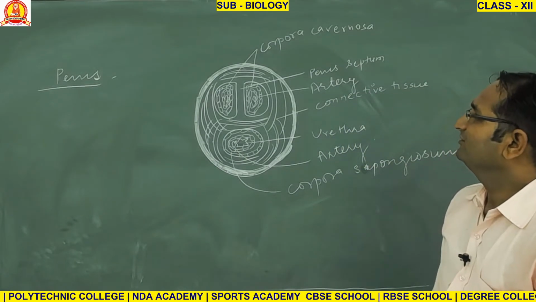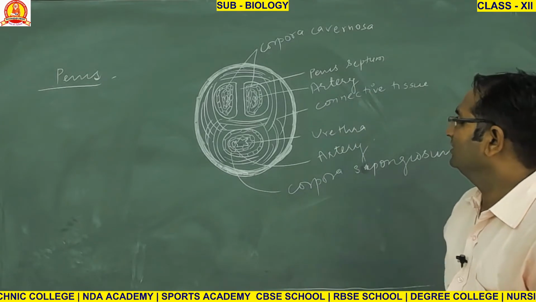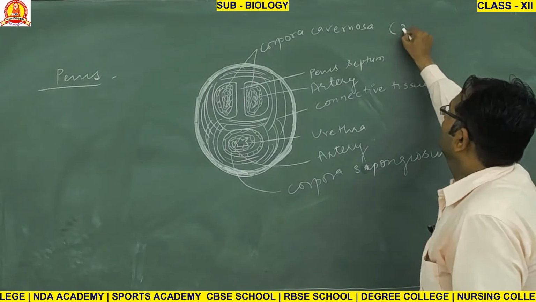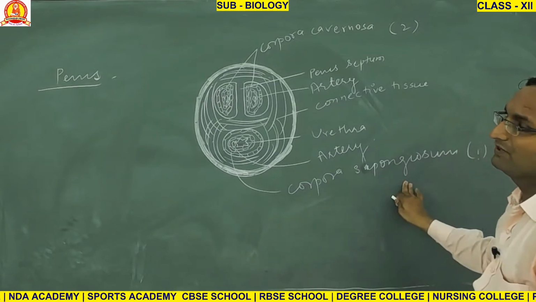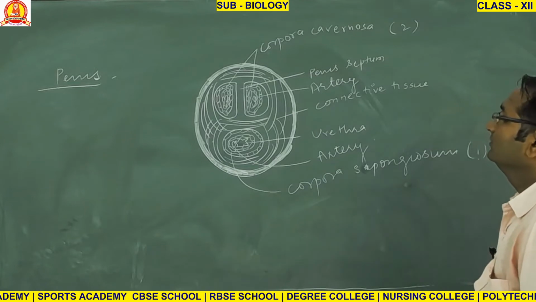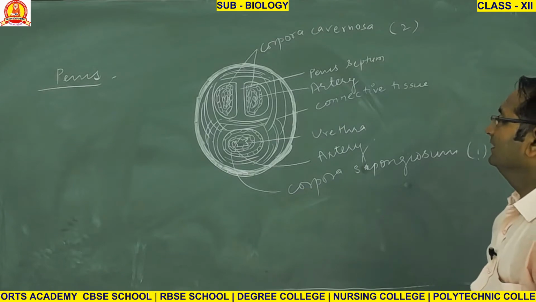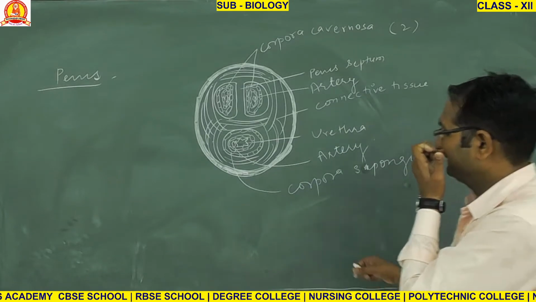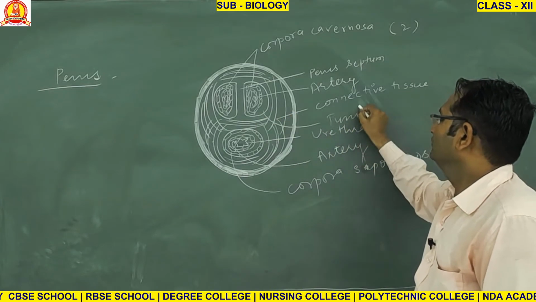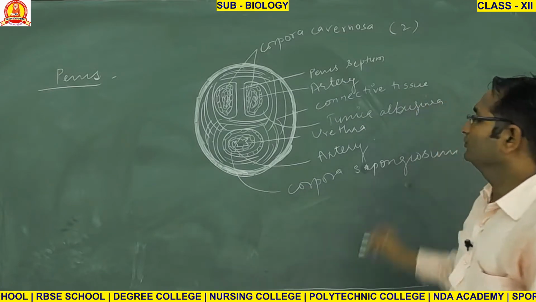Again, penis is made up of three rods. Out of these three rods, two rods are corpora cavernosa and one rod is corpus spongiosum. Corpus spongiosum is present in the whole penis and corpora cavernosa is present up to, or before, the glans penis. And this is tunica albuginea.